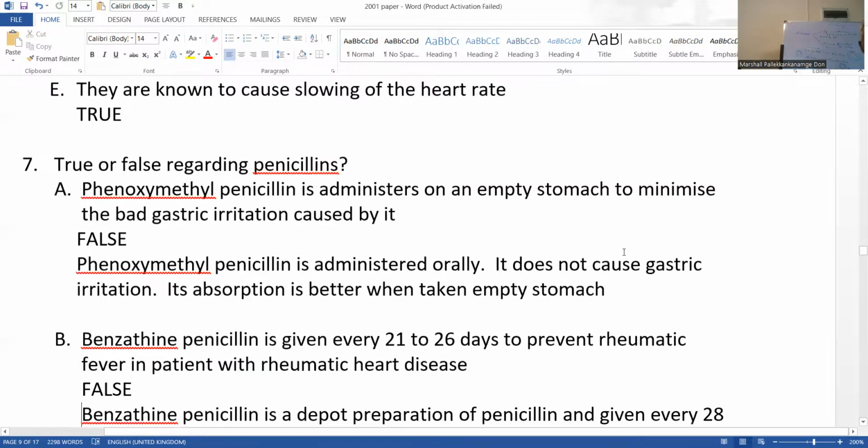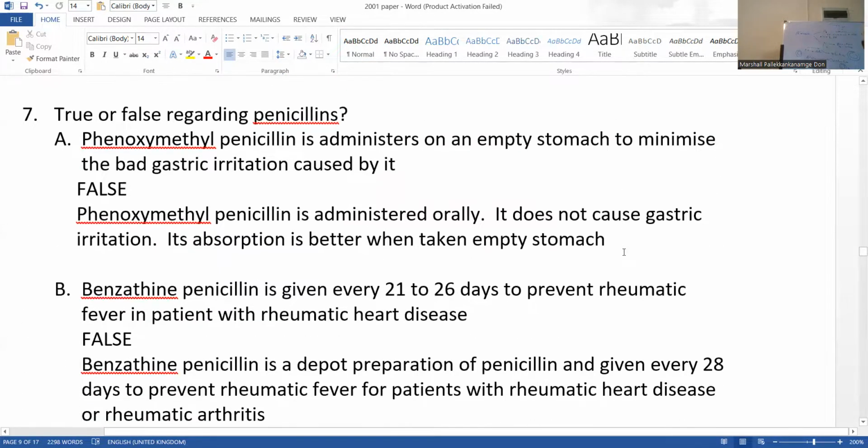Seven, true or false regarding penicillins. A: Phenoxymethyl penicillin is administered on an empty stomach to minimize gastric irritation. Now, it is true that phenoxymethyl penicillin is oral penicillin. These tablets are given asking the patient to take it at least 1 to 2 hours before meals.